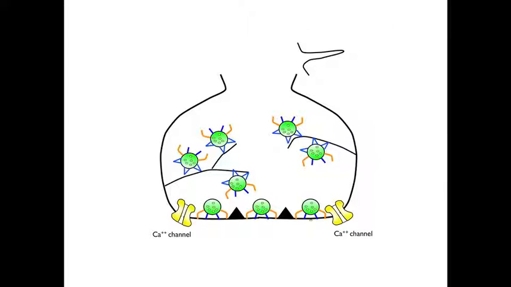The vesicles at and around the active zone where fusion and release occur are called the readily releasable pool of vesicles. If these were the only vesicles available for release, the synapse would run out of vesicles very, very quickly. To maintain an adequate supply of vesicles, there is a large number of vesicles located just away from the active zone. These vesicles are called the reserve pool.